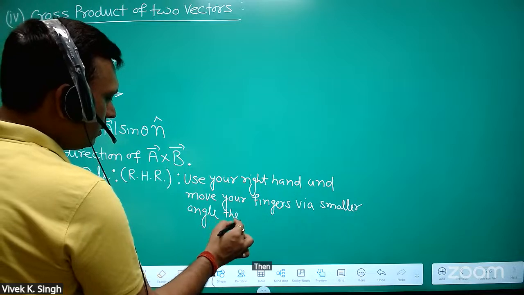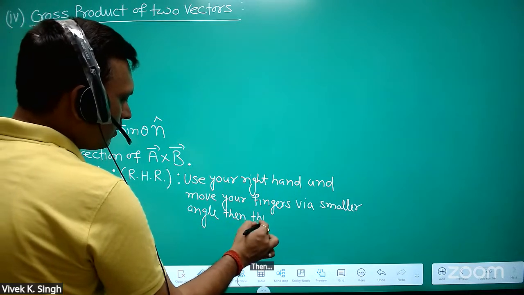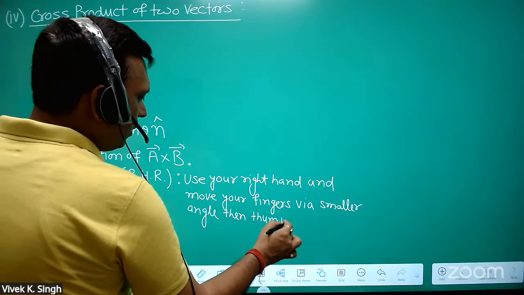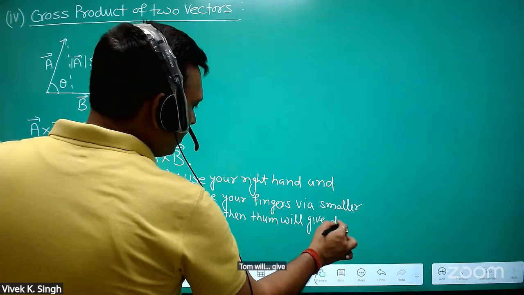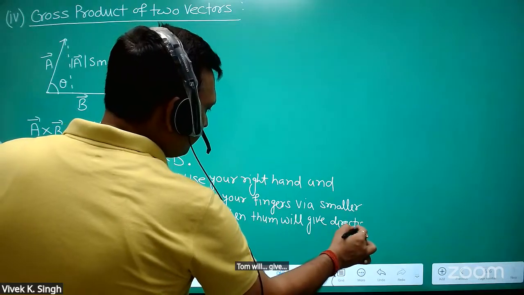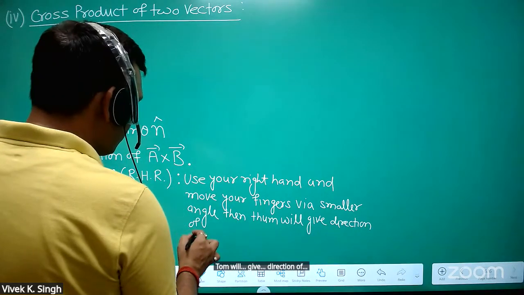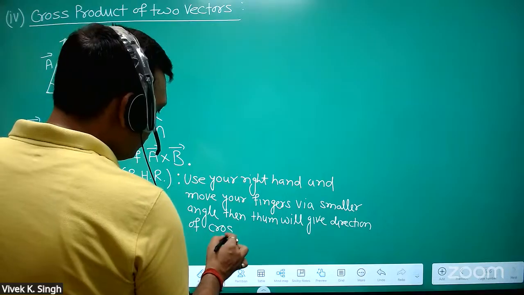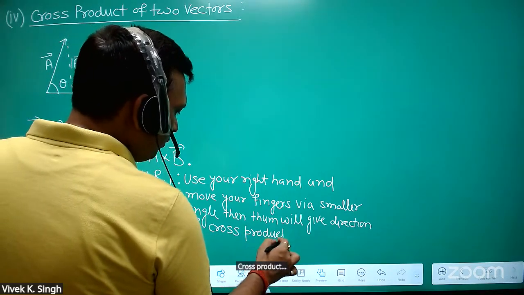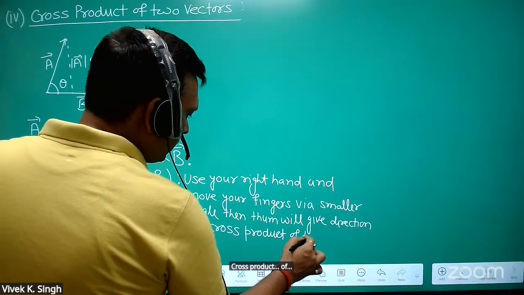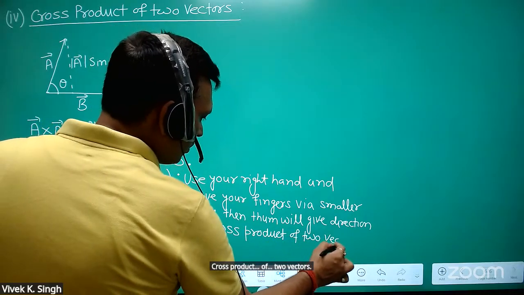Then the thumb will give the direction of the cross product of two vectors.